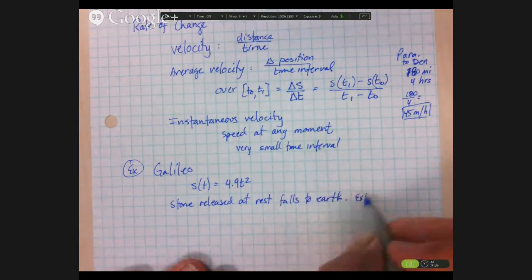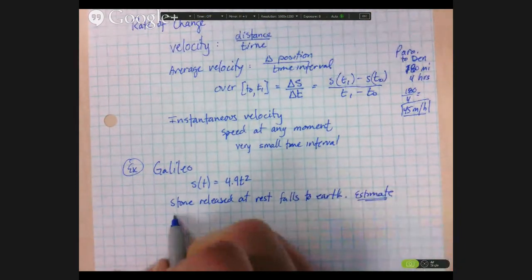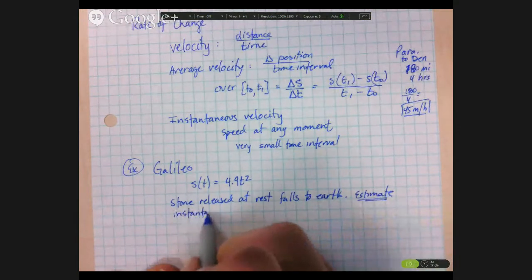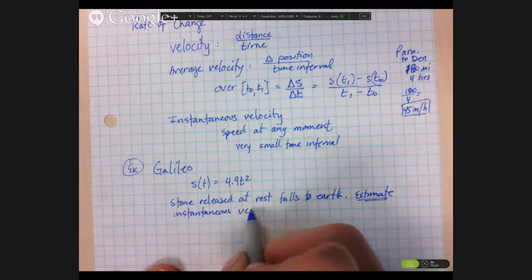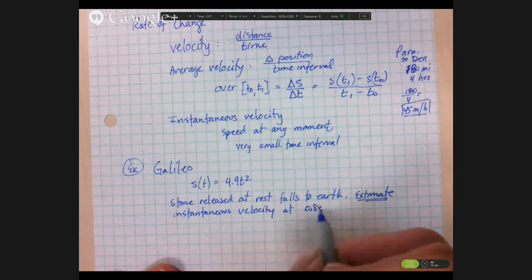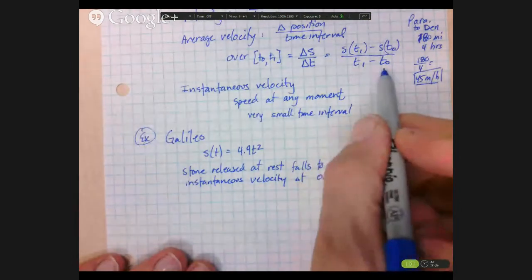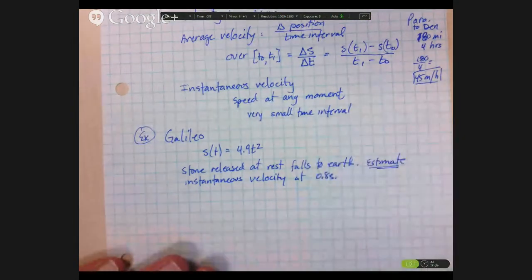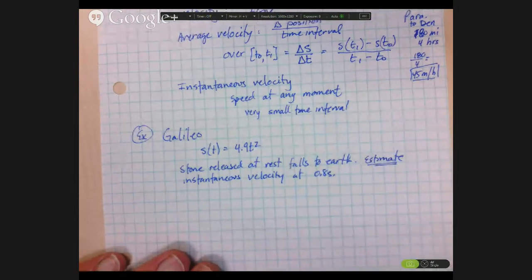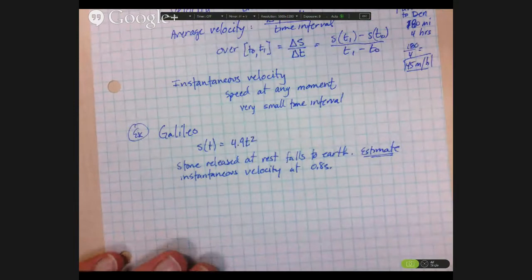We're going to estimate, that's the key word there, estimate, instantaneous velocity at 0.8 seconds. Basically, what we need to do is shrink this time interval as much as possible to get a good calculation on instantaneous velocity.